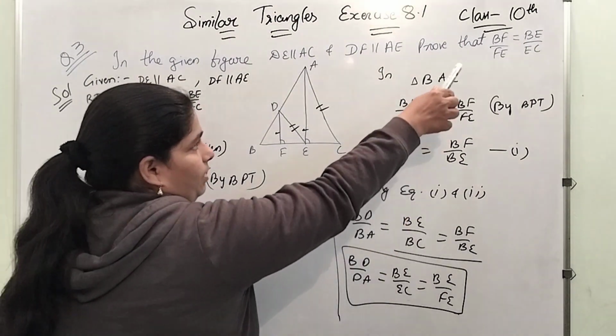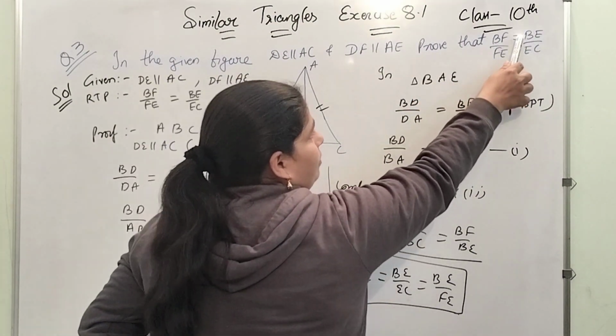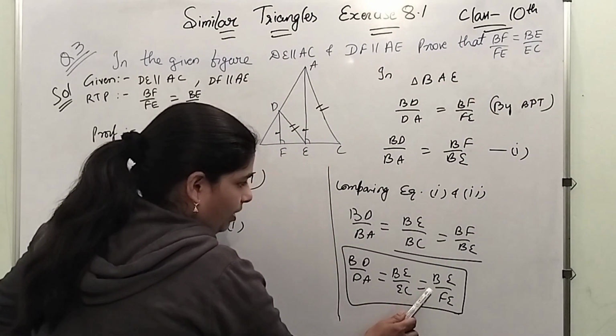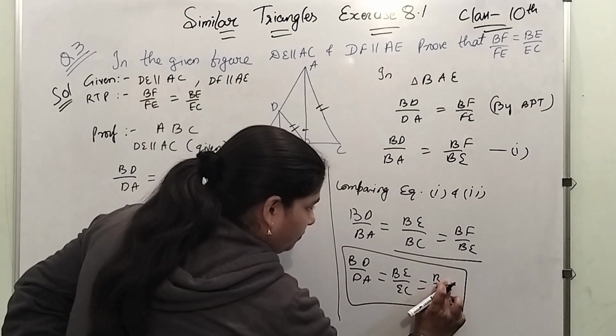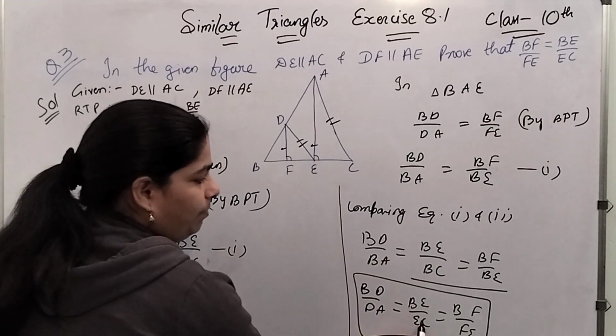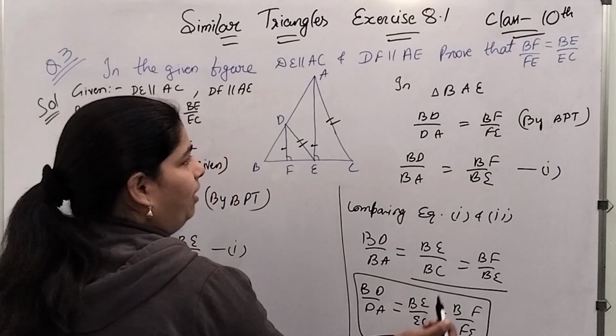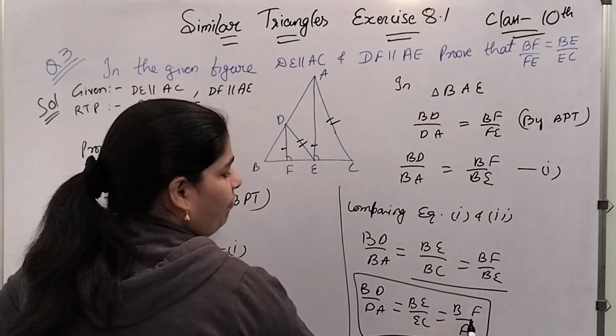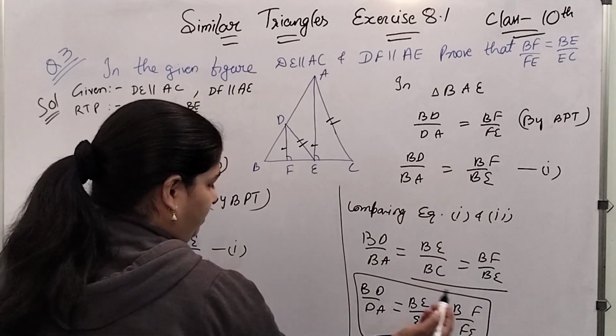Here you can see BF by FE is equal to BE by EC. We have to prove BF by FE is equal to BE by EC.